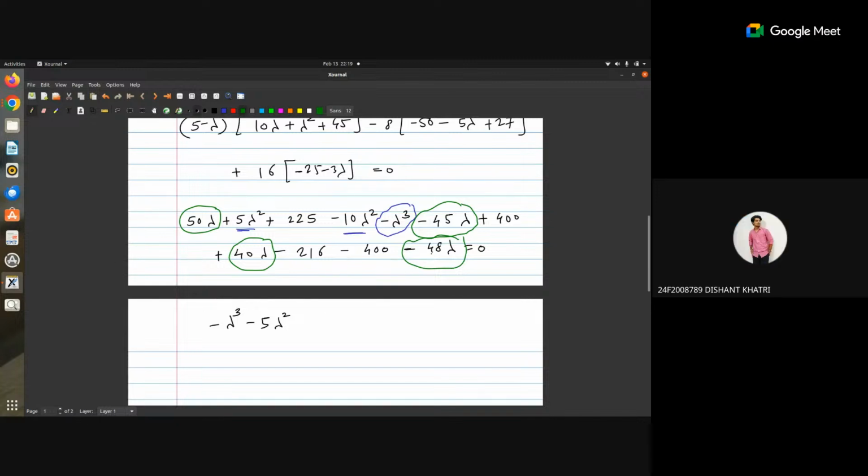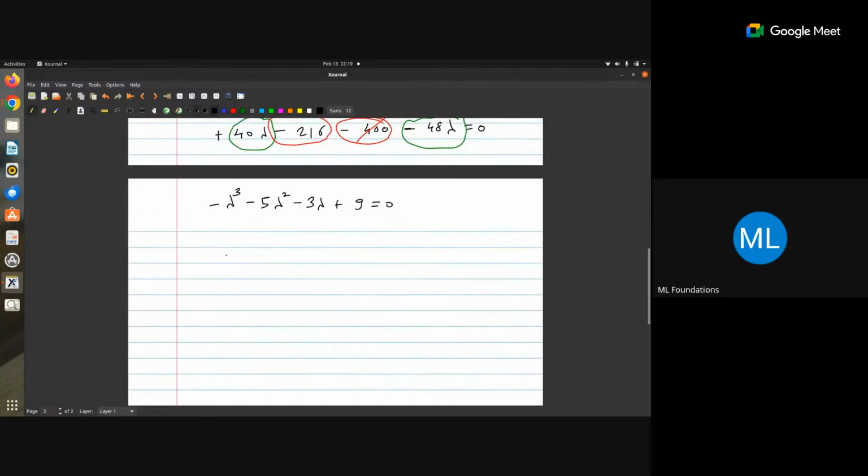Then constants: 225 minus 216 is plus 9, and minus 400 plus 400 cancel. Plus 9 equal to 0. I can make it positive: lambda cube plus 5 lambda square plus 3 lambda minus 9 equal to 0, right?